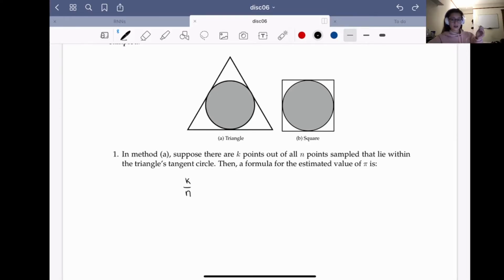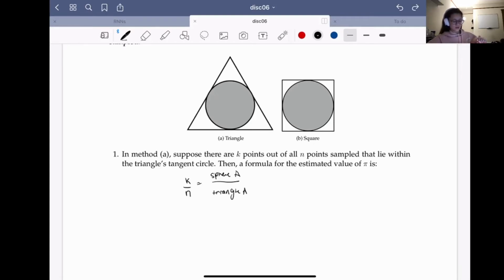Another way to express that is through the ratio of the areas of these two shapes. So if we take the area of our circle over the area of our triangle, that should give us the probability of sampling some point within this circle.